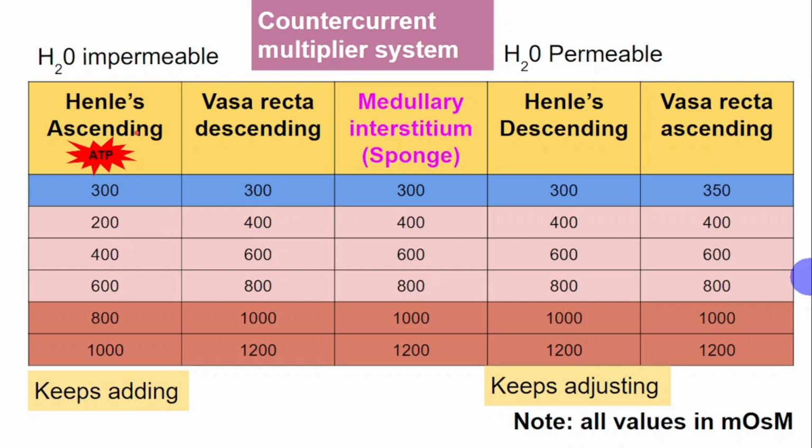So the role of Henle's ascending limb is to keep adding the solute from the filtrate into the interstitium. And the descending limb of Henle keeps adjusting by losing water. The role of Vasa recta is to pick up additional ions and water and move out from the system.